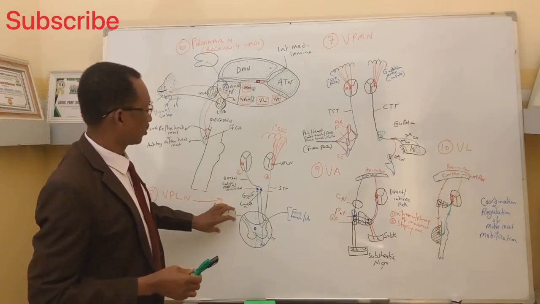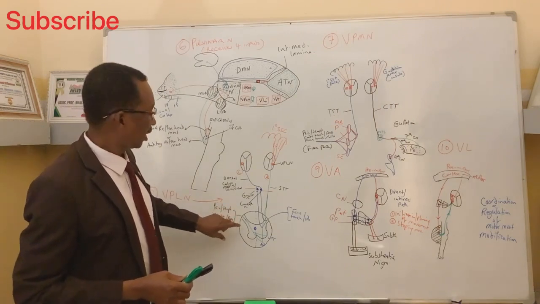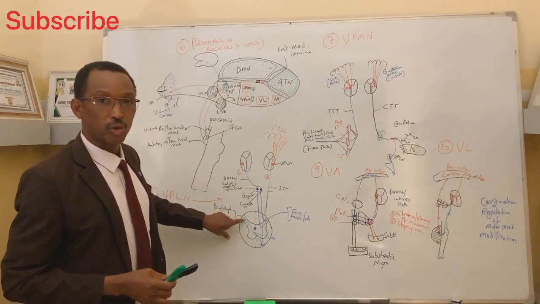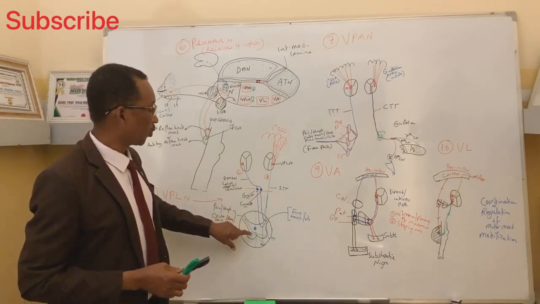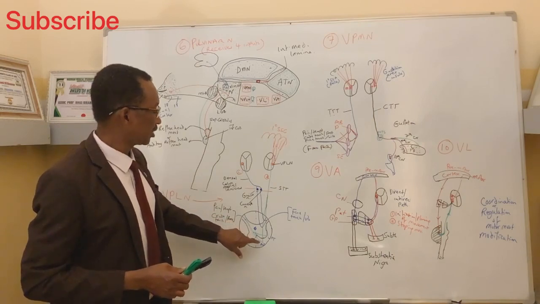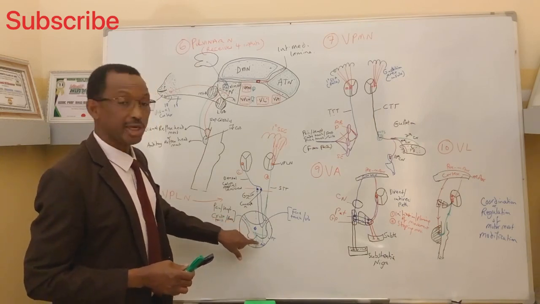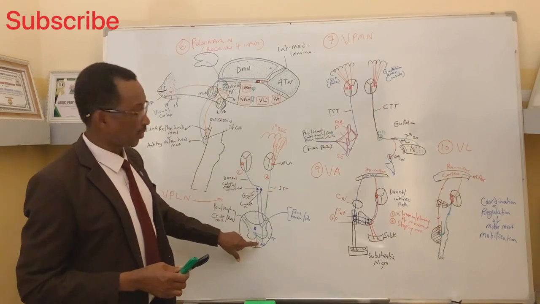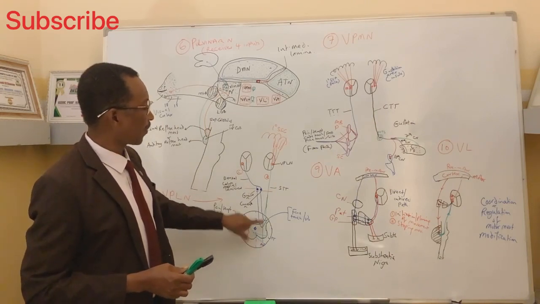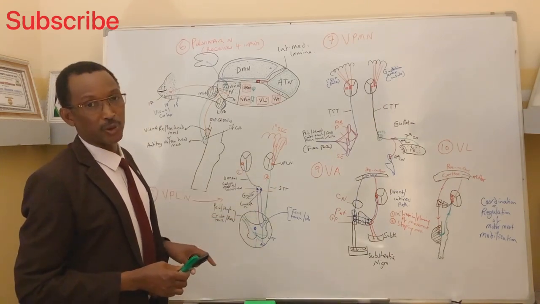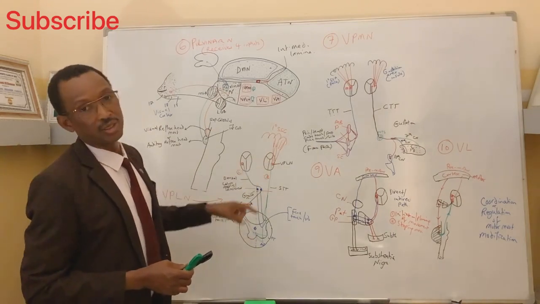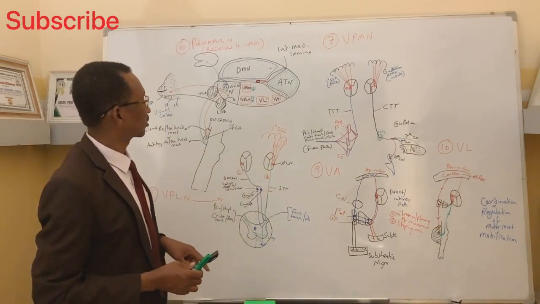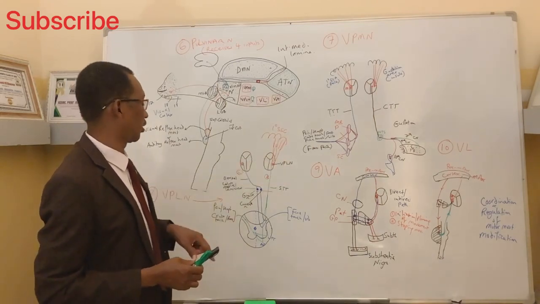this information is being carried through the spinal nerves into the posterior horn of the gray matter of the spinal cord. From there, the second order neuron passes out of the gray matter into the anterior column of the spinal cord, and then it ascends up as the anterior spinothalamic tract, because finally these fibers now reach the thalamus, that is the ventral posterolateral nucleus.